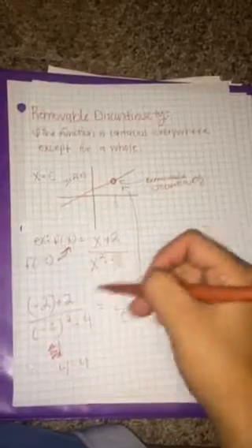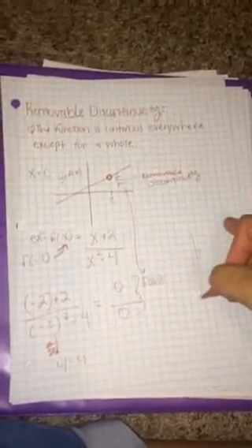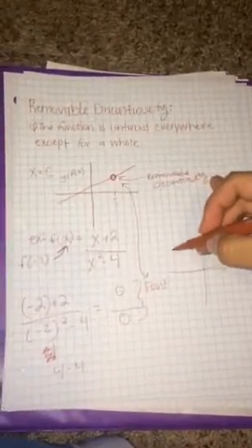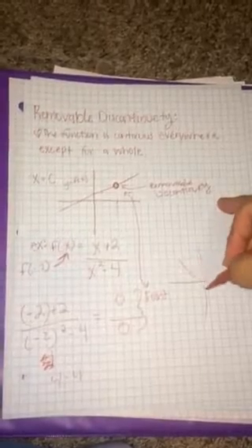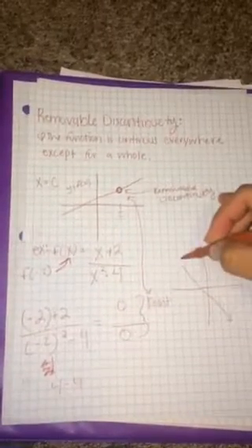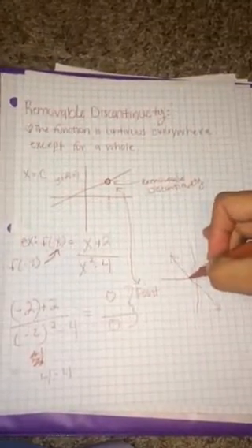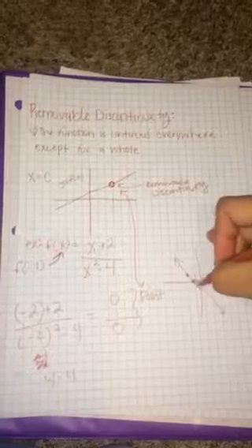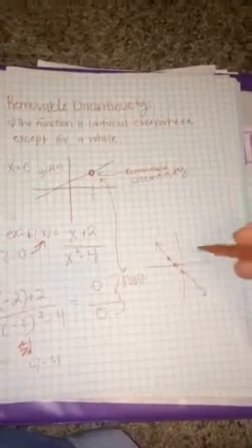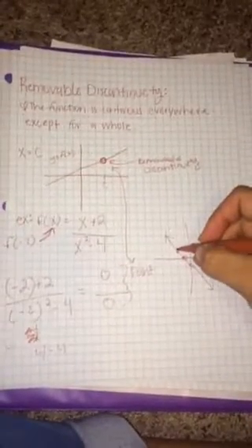If we were to graph this, we can see that it would go something like this. And here's your negative 2. I have another one over here. And we can see the point discontinuity right here.